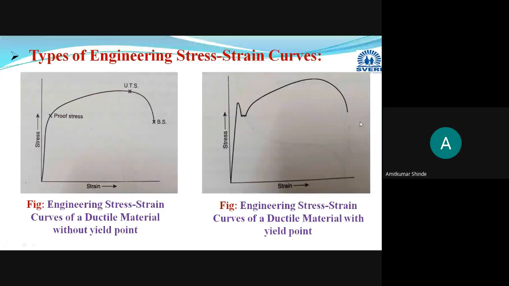In some books they have mentioned it as fracture stress. So this is the stress strain curve for ductile material without yield point and with yield point. Here they have not mentioned the names, I will mark them here. This first point is the proportional stress, then this is the yield point, this is the ultimate tensile stress, UTS, and this is the breaking stress or fracture stress.